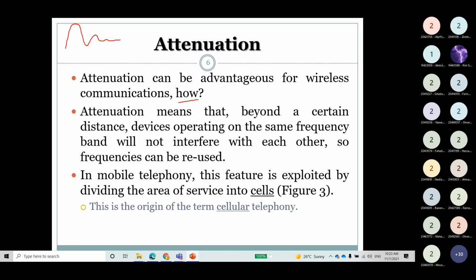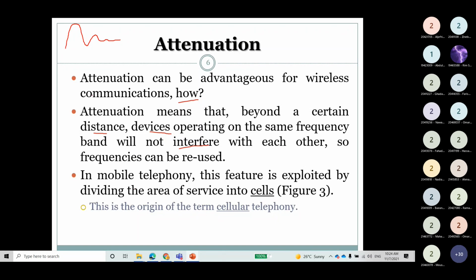How can it be? The attenuation means that beyond a certain distance, devices operating on the same frequency band will not interfere with each other. So frequencies can be reused.